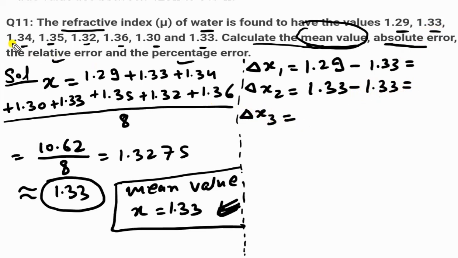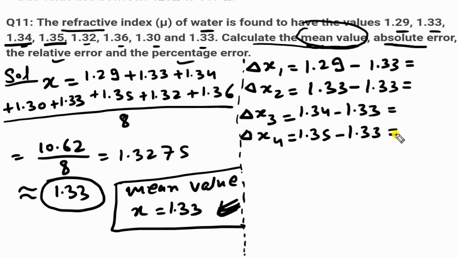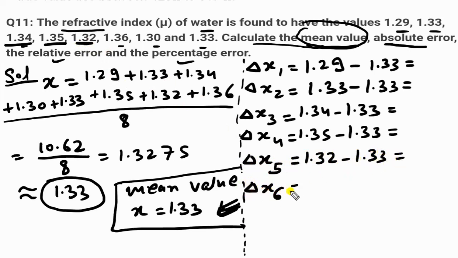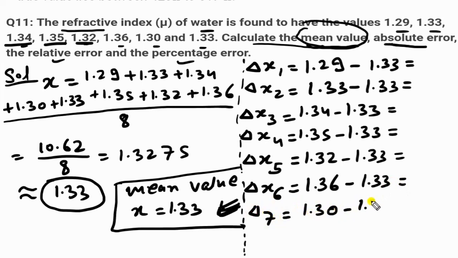The third absolute error is the third measured value 1.34 minus the true value. The fourth absolute error is the fourth measured value 1.35 minus the true value. The fifth absolute error is 1.32 minus 1.33. The sixth absolute error is 1.36 minus 1.33. The seventh absolute error is 1.30 minus 1.33.